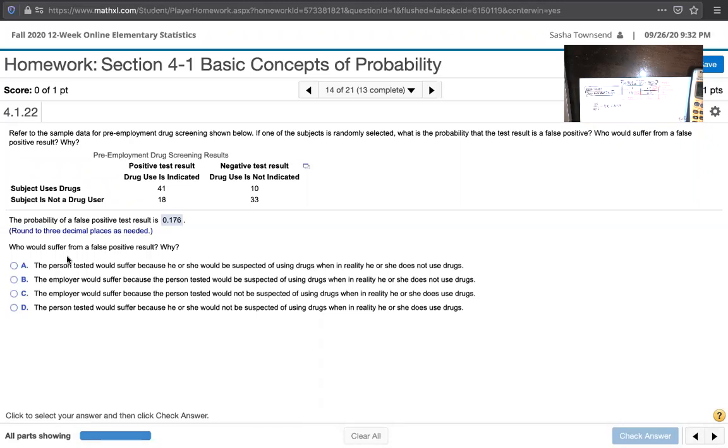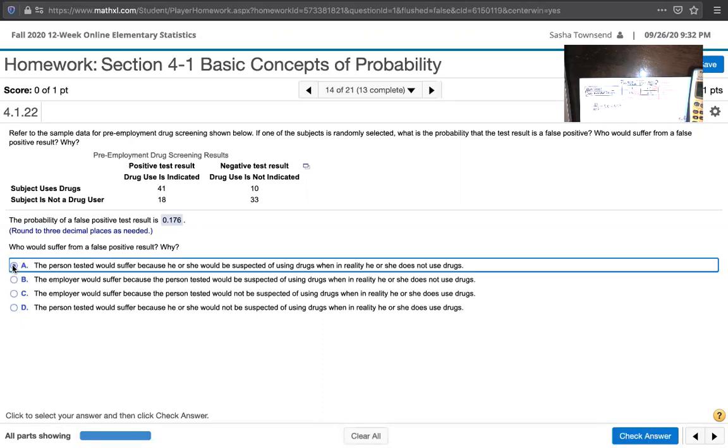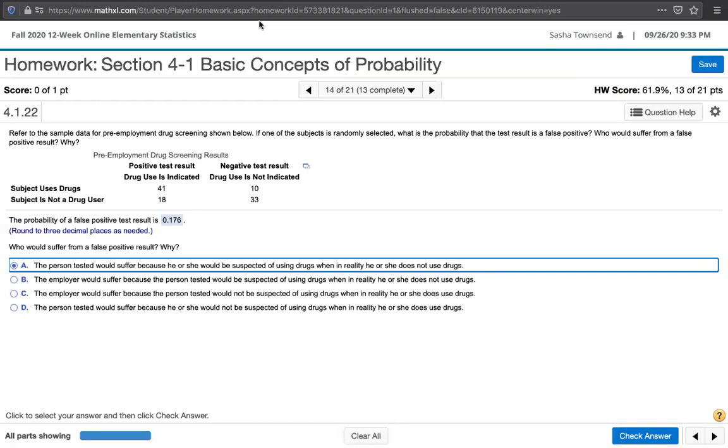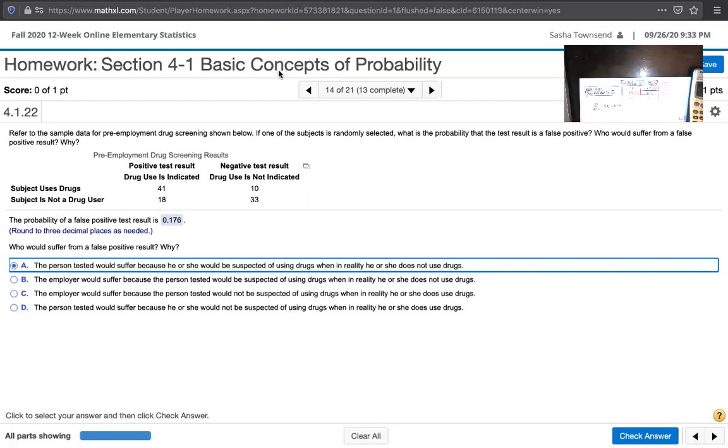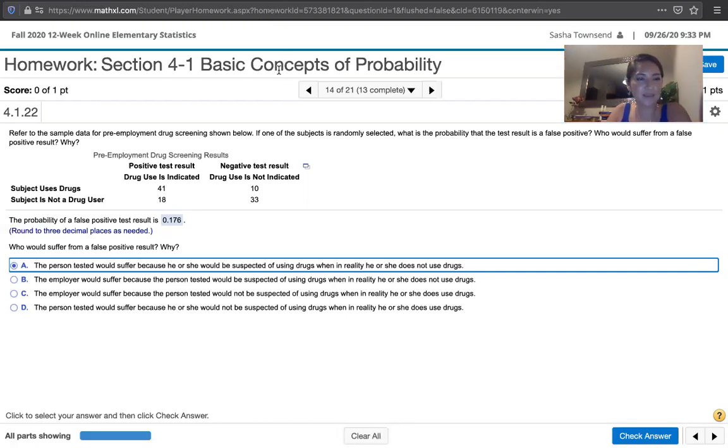So let's look at the possibilities down here. A says the person tested would suffer because he or she would be suspected of using drugs when in reality he or she does not use drugs. That's probably it, but let's look at the other options just in case. The next option is the employer would suffer because the person tested would be suspected of using drugs when in reality he or she does not use drugs.